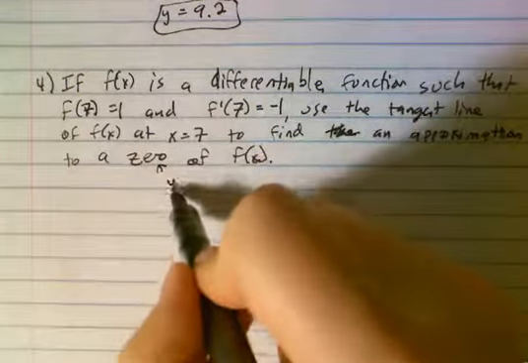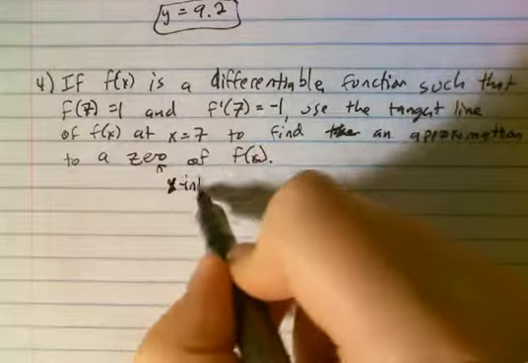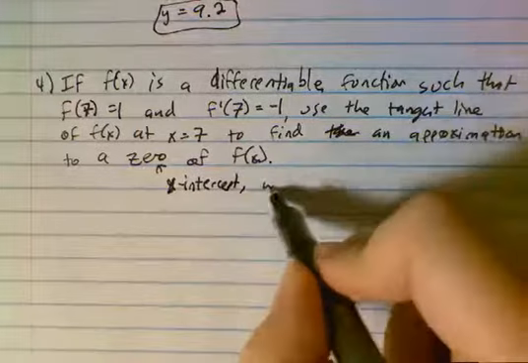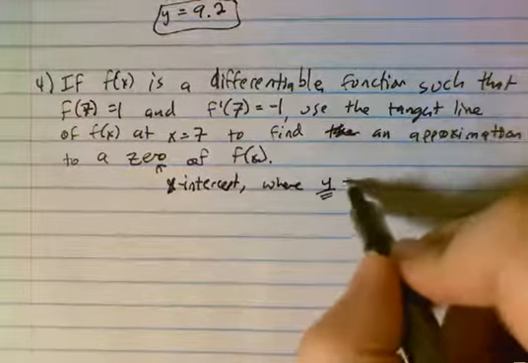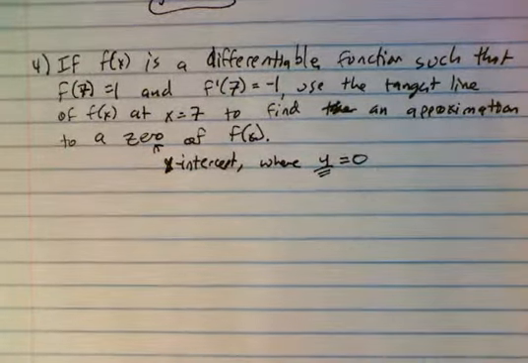Remember, a 0 is the x-intercept, where y is equal to 0.